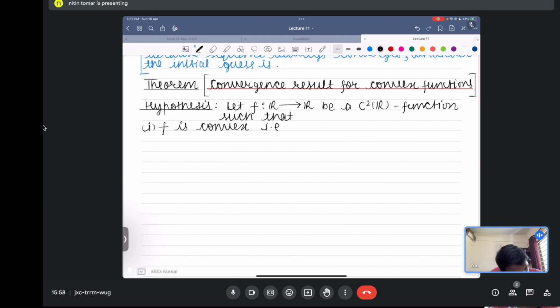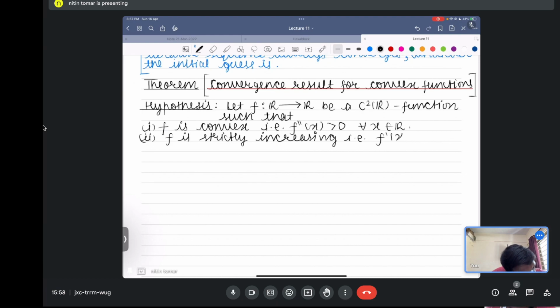By convexity it means for a C2 function the second derivative is always positive. Second, we have to assume that f is strictly increasing, that is, the derivative is also strictly positive.